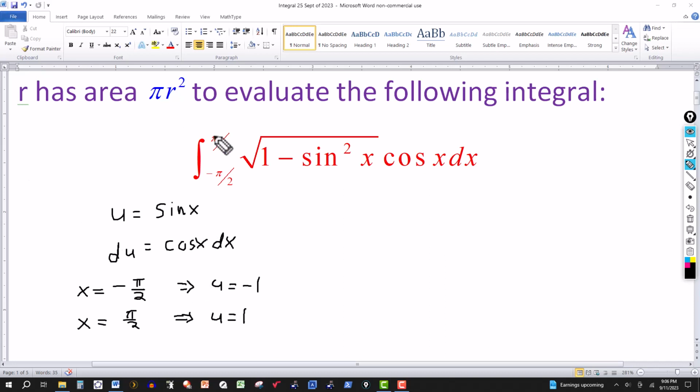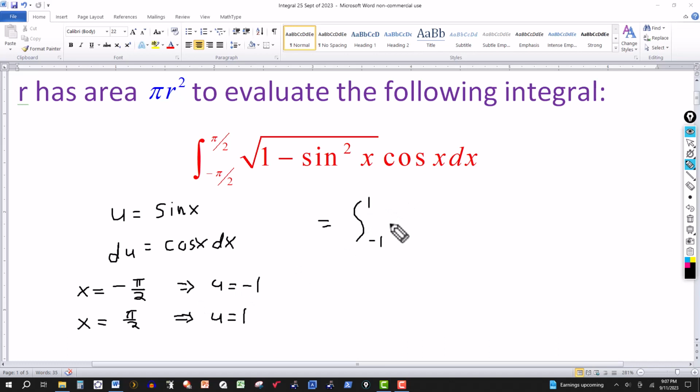So let's rewrite this integral in terms of this substitution. First we substitute the limits of integration. Instead of negative pi over 2, we get u equal to negative 1 as the lower limit. And instead of positive pi over 2, we get u equal to 1.